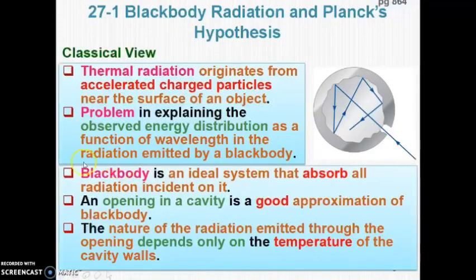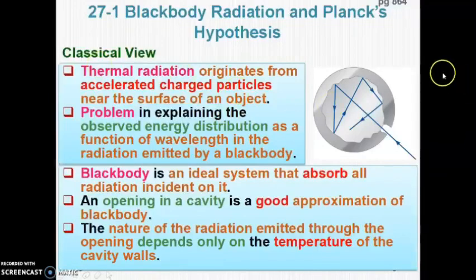So what is a black body? A black body is the ideal system that absorbs all radiation incident on it. An opening in a cavity is a good approximation of a black body, so the nature of the radiation emitted through the opening depends only on the temperature of the cavity walls.